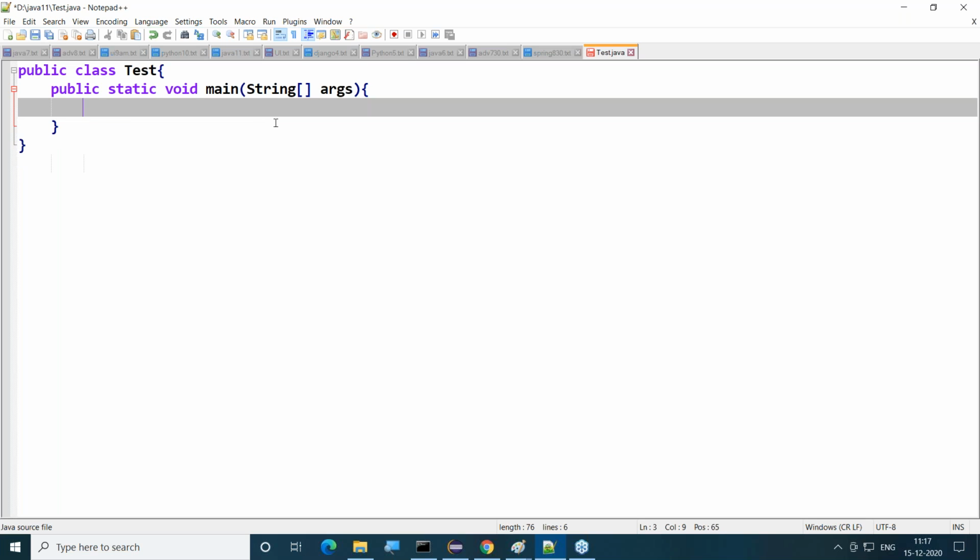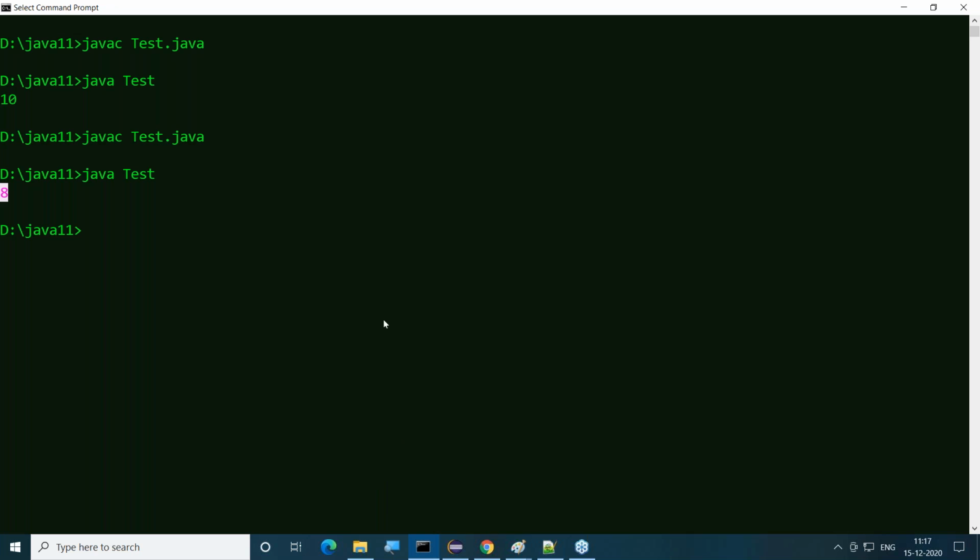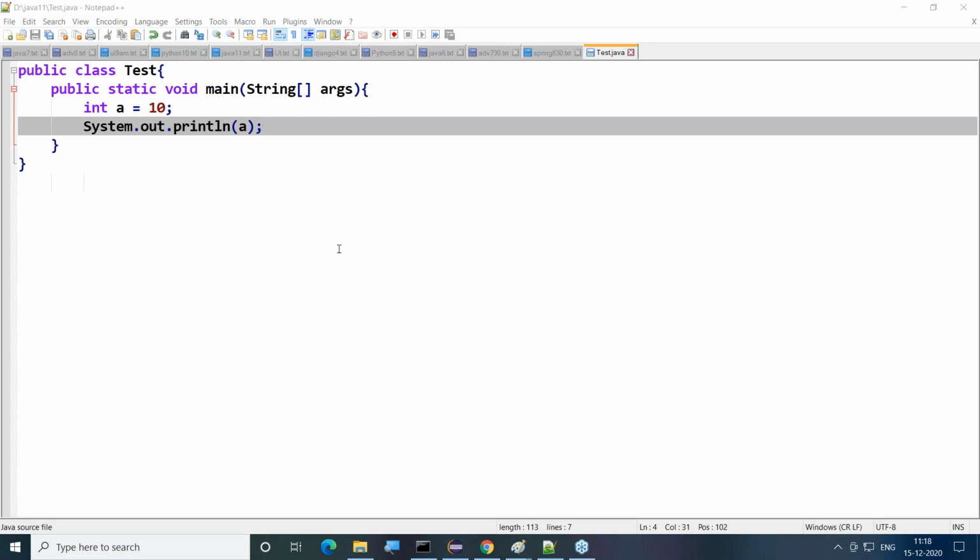Here int a equals 10. What type of data is it, decimal value or hexadecimal value? It's a decimal value only, not a hexadecimal value. 10 only is the output we are getting.